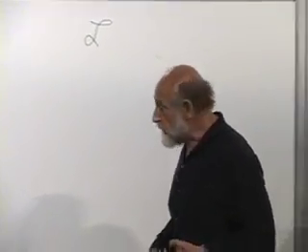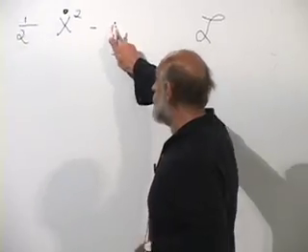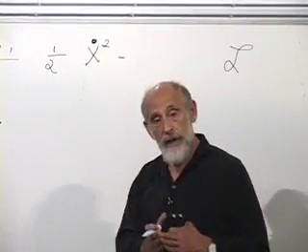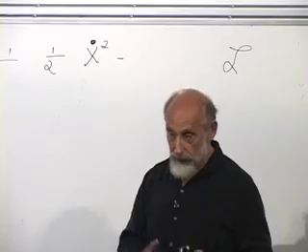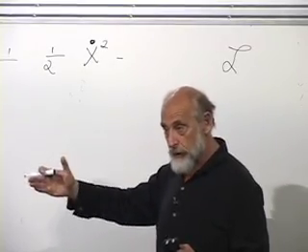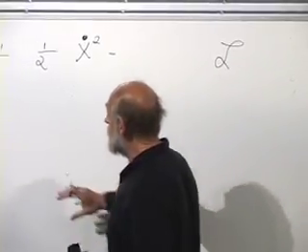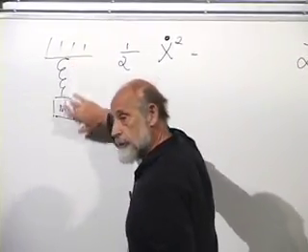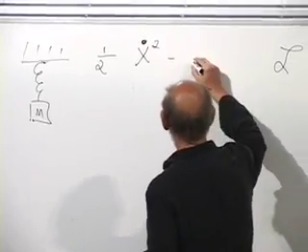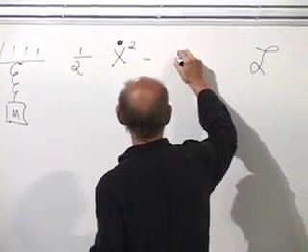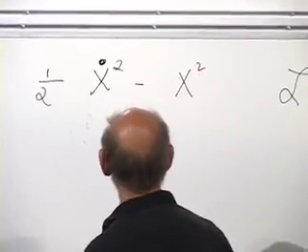If the potential energy was just proportional to the displacement itself, it would increase in the positive direction and decrease in the negative direction. That's not what we want. We want something which increases in both directions when we displace this object. And the natural thing to write down is something proportional to x squared.